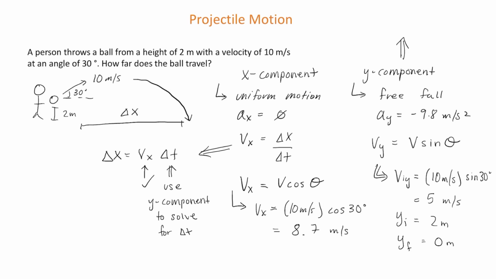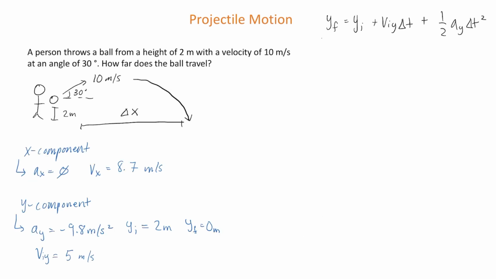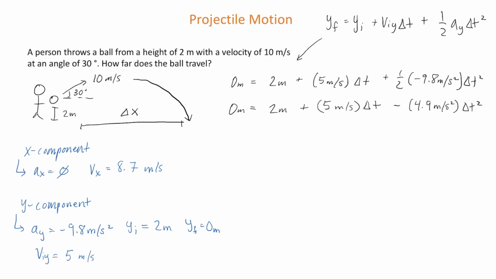Now, based on what we have, we can use the yf is equal to yi plus Viy delta t plus 1/2 ay delta t squared kinematic equation. All we have to do is plug in our values and simplify. And now what you have to realize is that what we're left with is a quadratic equation.